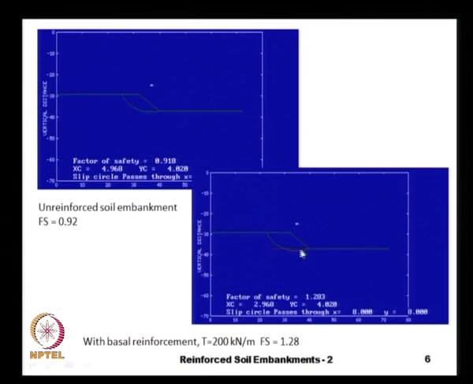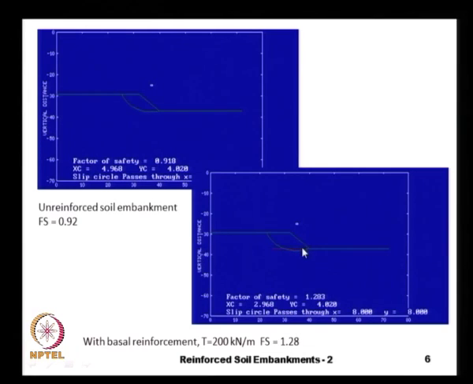Here we have the result from another slip circle analysis with basal reinforcement having a tensile strength of 200 kilonewtons per meter, and for this case the factor of safety has come up to 1.3. We may need to choose a basal reinforcement that provides higher force if we want a higher factor of safety.